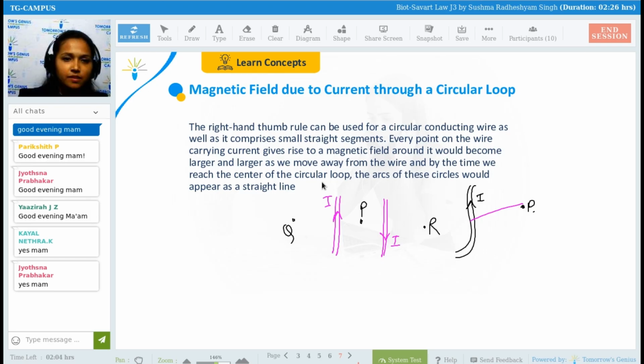At point Q, the direction of the magnetic field is outside the paper. At point R, that is also outside the paper.